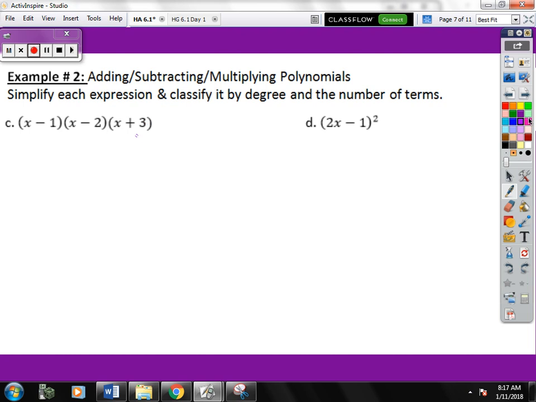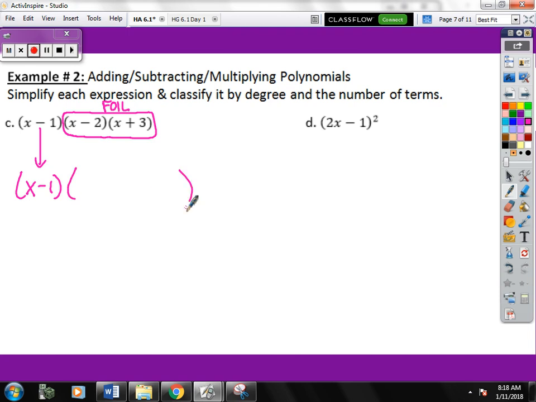My suggestion is to FOIL the second 2. It doesn't really matter, but for some reason it looks easier to students in step 2 if the second two are the ones that are foiled. I don't know why, but I suggest you foil the second 2, but it does not matter, just foil 2 of them.